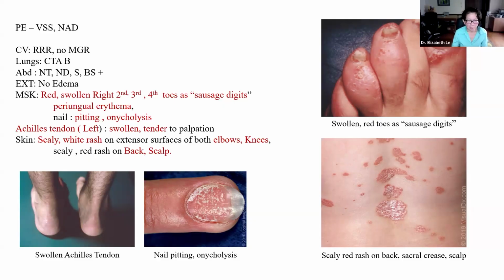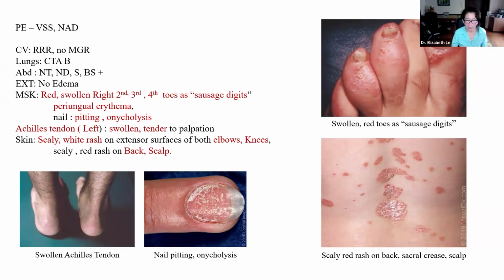Looking at his nails, there's something called pitting. It's just like you take a really sharp object, a pen, and you make a pock mark on the nail bed. And it's pitting with onycholysis. Onycholysis is separation of the nail, not a fungal infection. You look at his tendon: the left Achilles tendon is swollen and tender to palpation.